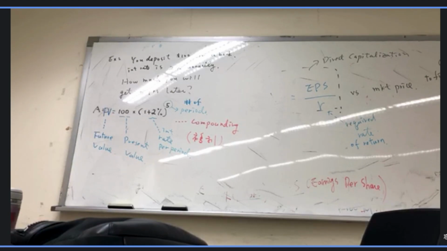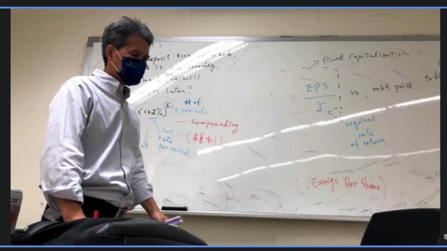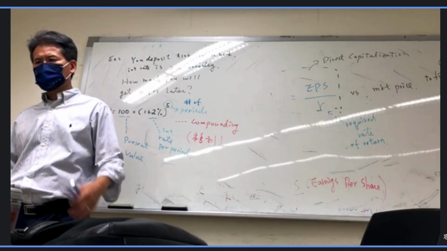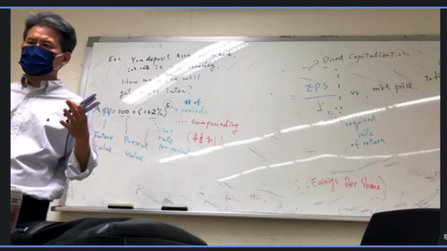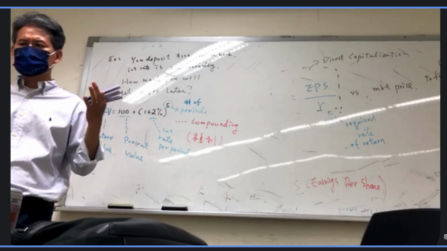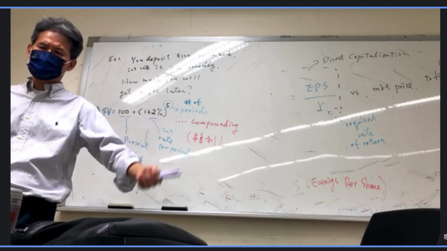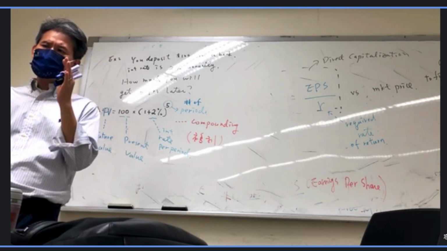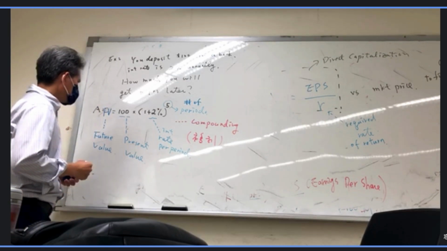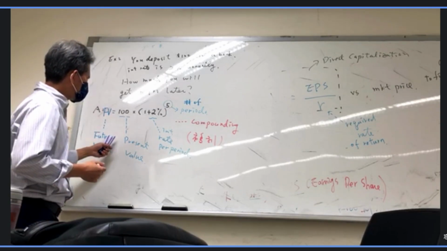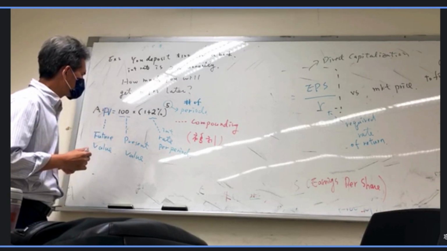So no matter in deposit or borrowing from a bank, okay, without extra specification, usually we use annual compounding. So how much are you going to get then?